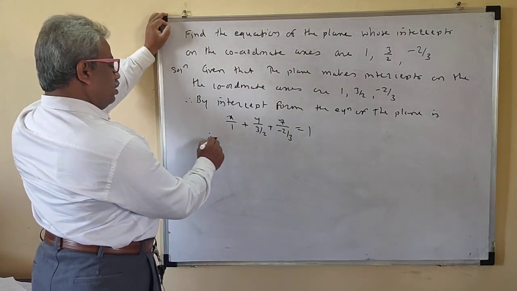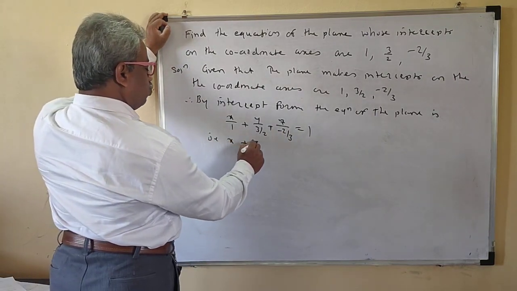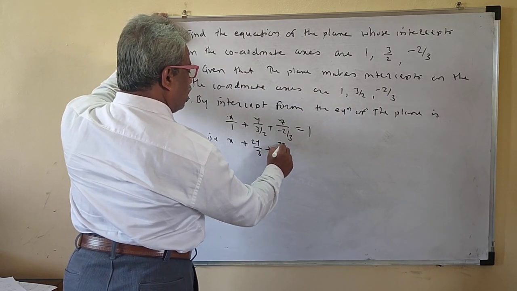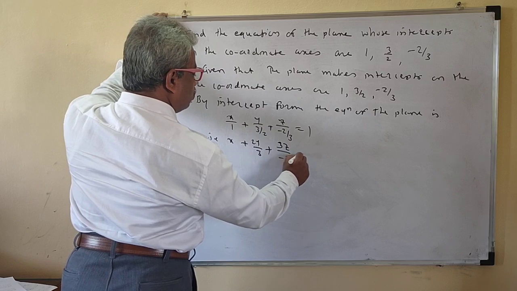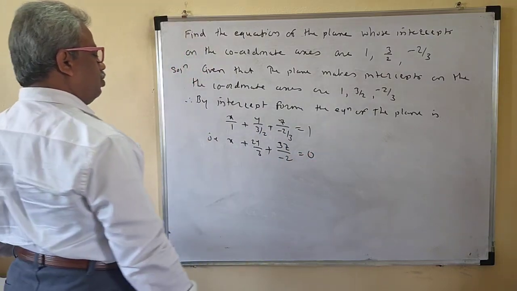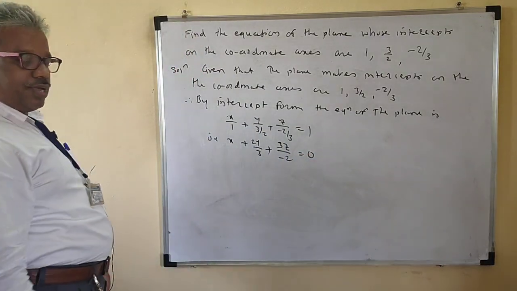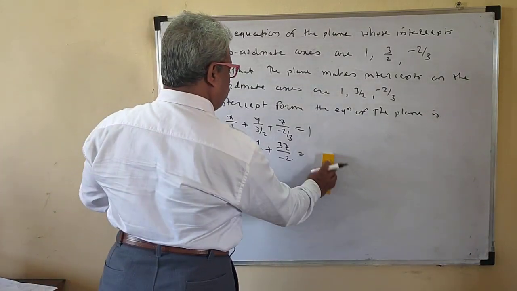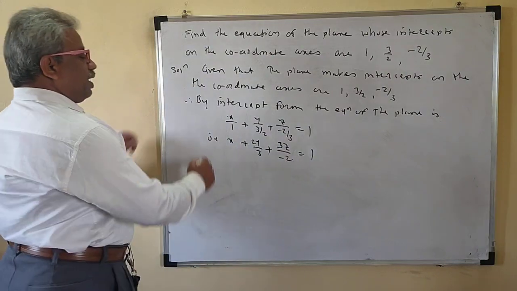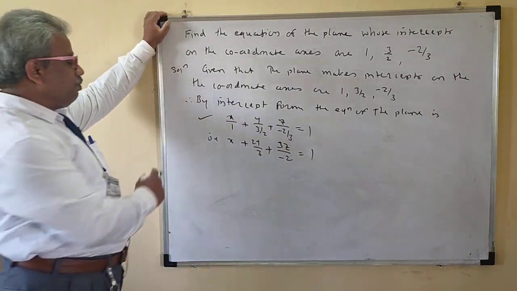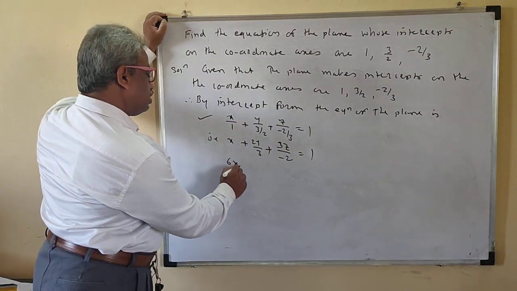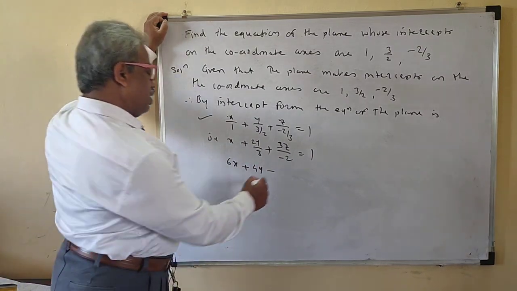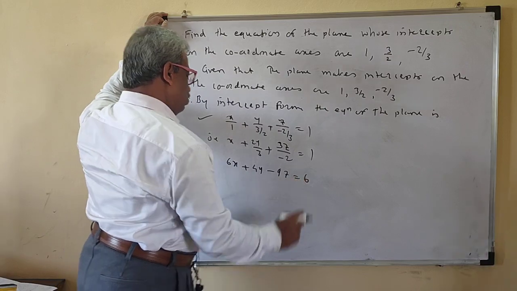So that is x plus 2y by 3 plus 3z by minus 2 is equal to 1. I can multiply by 6. You can keep it as it is now here. I can multiply by 6. So this is 6x plus 4y minus 9z is equal to 6.